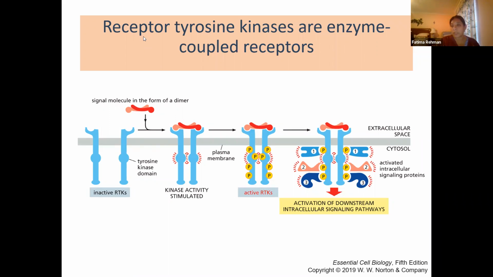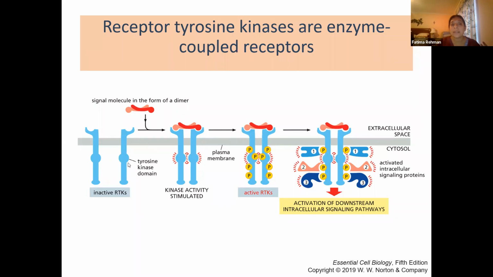So in G proteins, the receptor just transferred the signal to one single molecule that then went and activated other molecules. Here, a single receptor tyrosine kinase can activate multiple molecules that each will then activate intracellular signaling proteins. And they do that by having many, many phosphorylation sites on their intracellular domain.